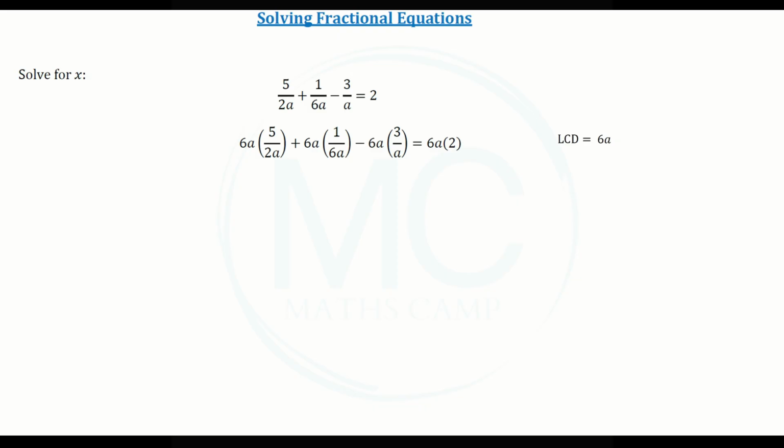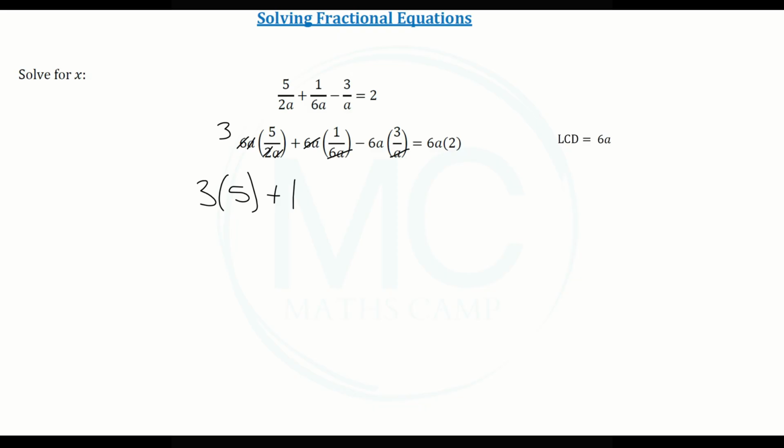And now we can cancel. We have an a and an a. 2 divided by 2 is 1. 6 divided by 2 is 3. So we're left with 3 multiplied by 5. Here the 6a's cancel, and we're left with positive 1.